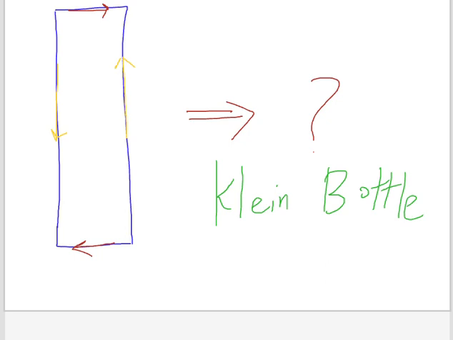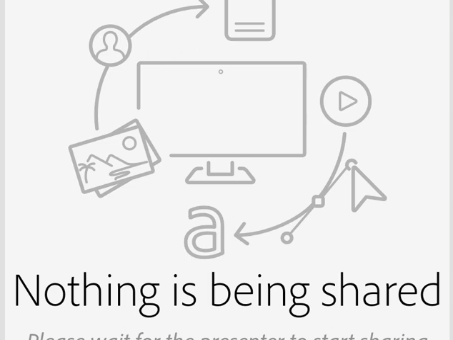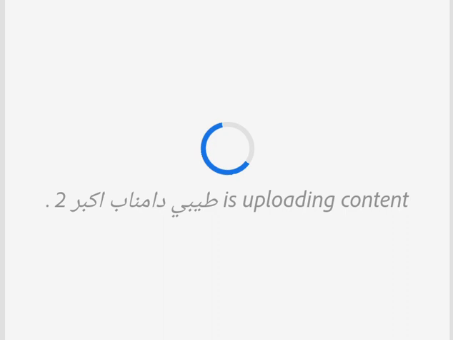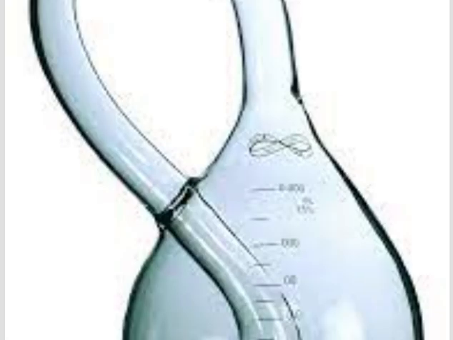I give you the picture of Klein bottle. It is Klein bottle.